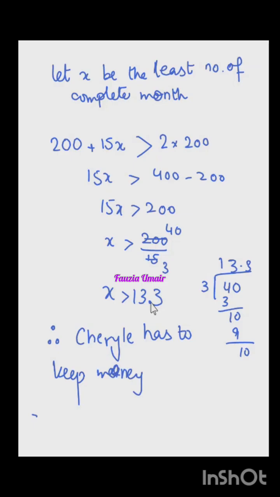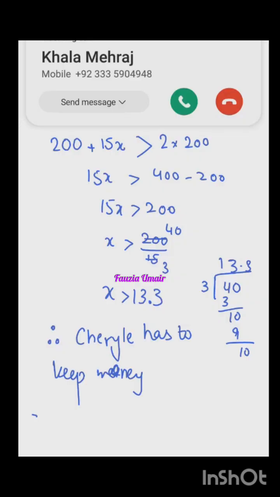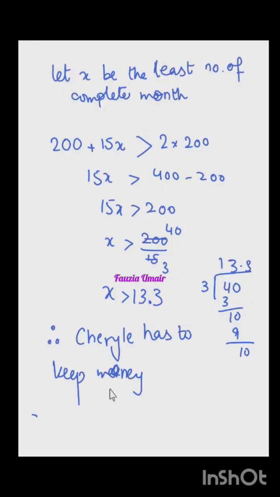So because she needs the 14th month also to get the money, अगर वो 13th month आप आंसर लिखेंगे तो the money is still less than 400. ठीक है, 13.3 months में जाके it will reach. So that's why you will write down at the end: Hence, Shrail has to keep money for 14 months in the bank.